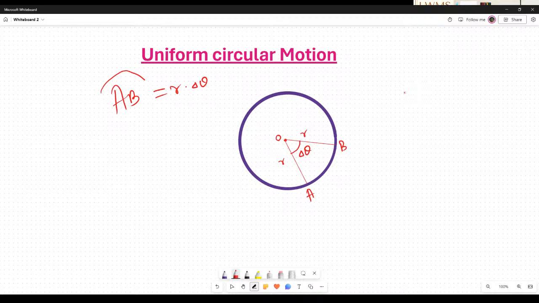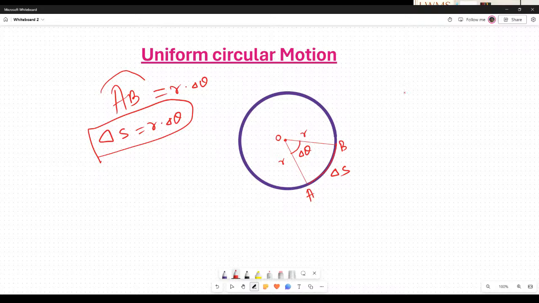You can take this arc length as delta S. Why am I telling this mathematical relation in the beginning? Because it plays an important role in deriving a relationship in circular motion or uniform circular motion.